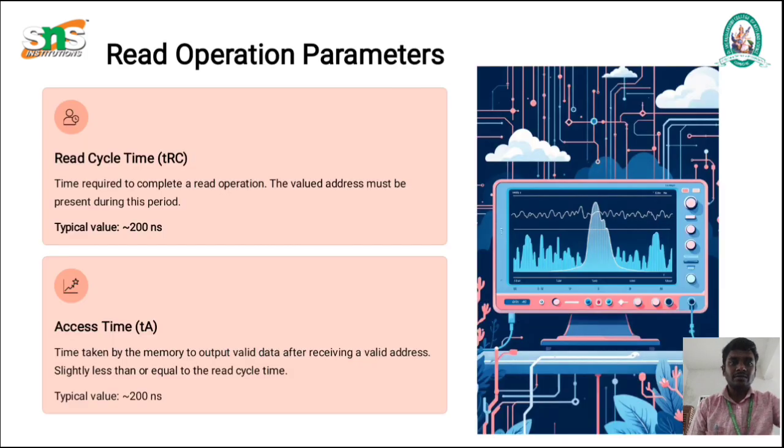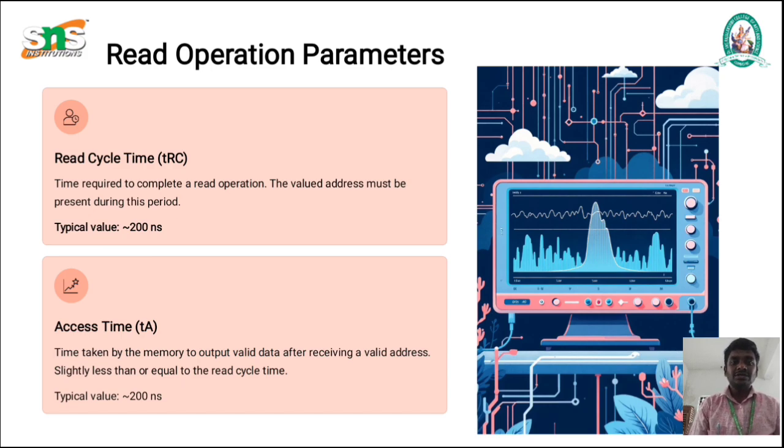First, read operation parameters. There are two sections, read operation parameters and write operation parameters. The first parameter is read cycle time, simply TRC. It means the time required to complete a read operation. In a microprocessor or IC, to read or write it needs some time.